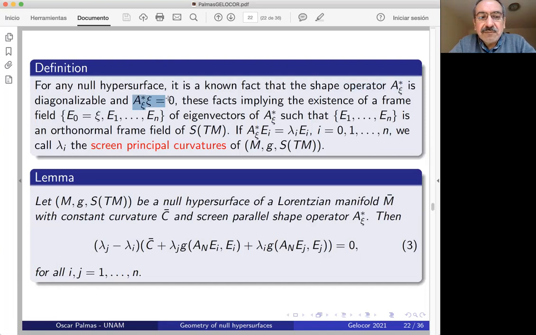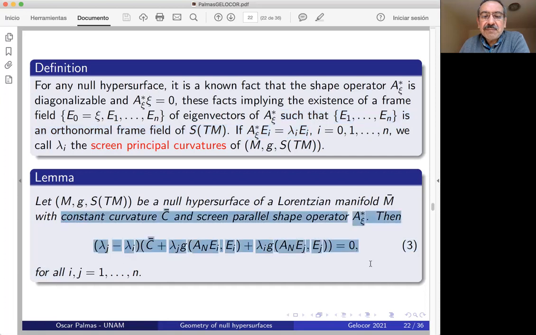So we have a frame field of eigenvectors of this shape operator, and these form an orthonormal frame field. As usual, these numbers are called the screen principal curvatures of our null hypersurface. So we have a nice relation between these screen principal curvatures, which is given in this lemma here.